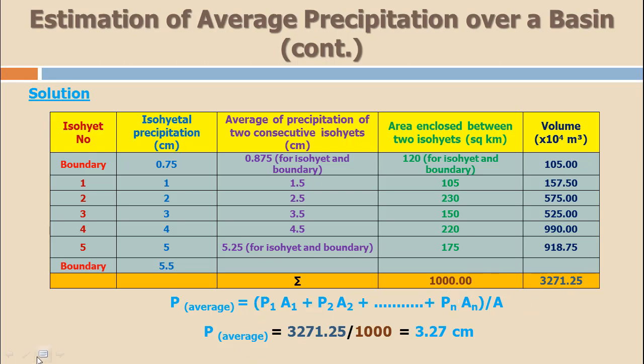So putting the values in the formula, this summation is actually this one, and this A is 1000. 3271.25 divided by 1000, you will get answer in meter, but as you know, here you will be remaining with 10 raised to the power minus 2 meter, so 10 raised to the power minus 2 means centimeter, so the answer of this number is 3.27 centimeter.